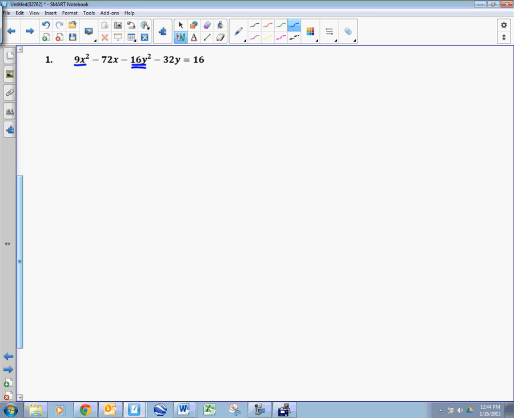And so I'm going to write it out as follows. 9x squared minus 72x minus, parentheses, 16y squared plus 32y. Okay, factoring out that negative and making it a plus 32.